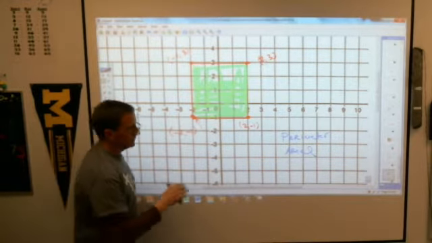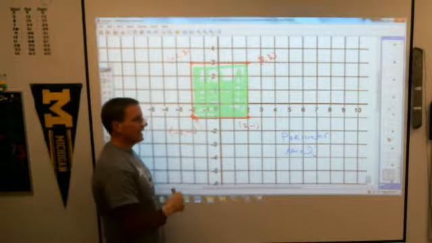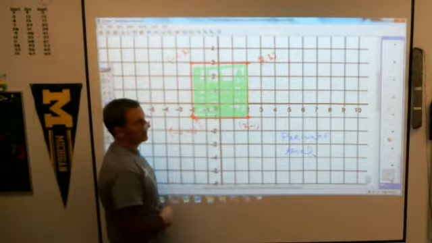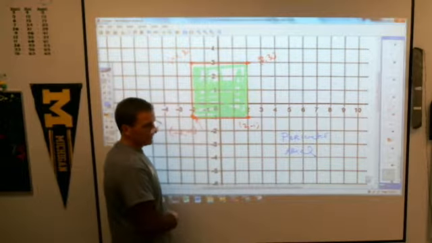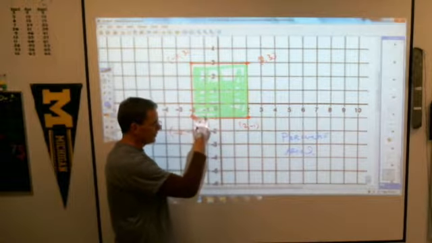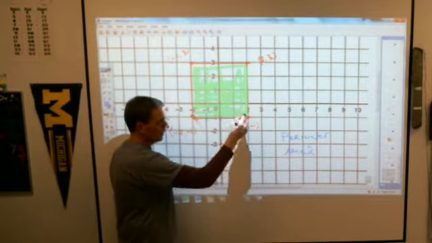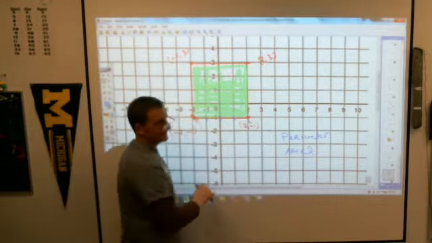Now when you're counting the dimensions of these squares, please understand this. Do not count the tick marks, the hash marks, the lines. Because if you do that, you're going to get a wrong answer probably. So you can't go, this is 1, 2, 3, 4, 5, and say that this is 5 units long. It is not.